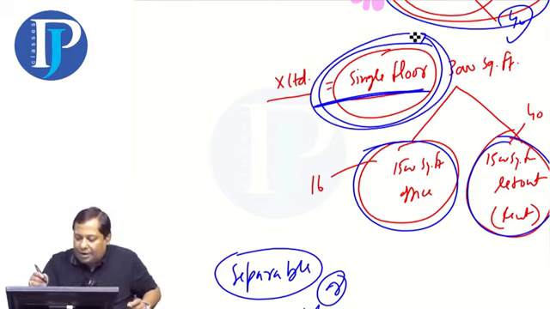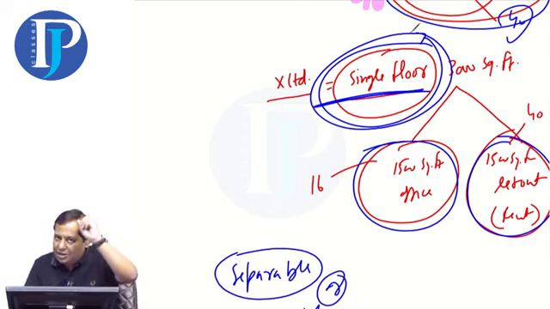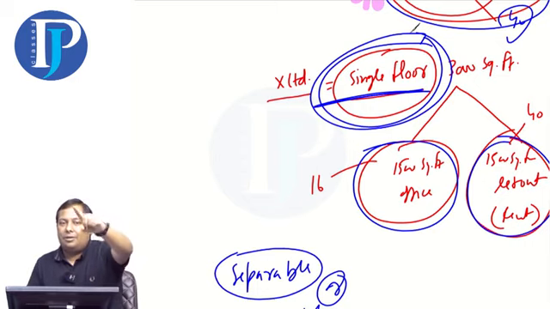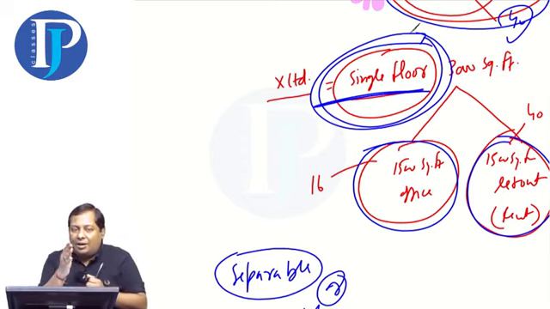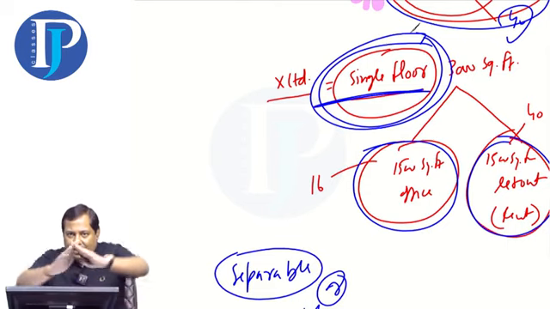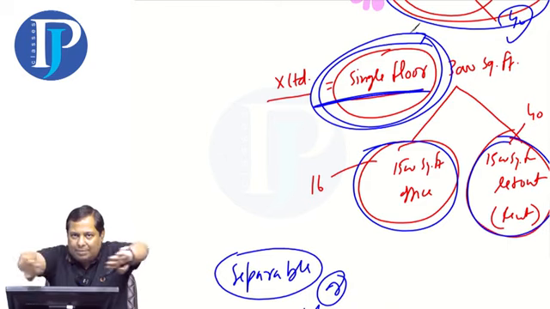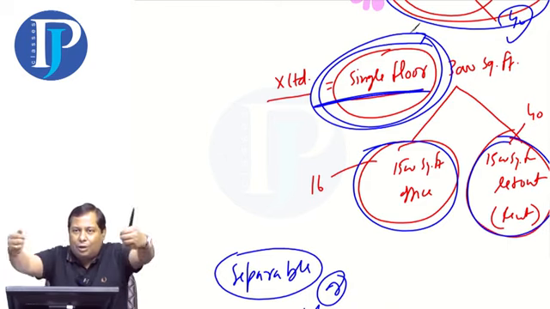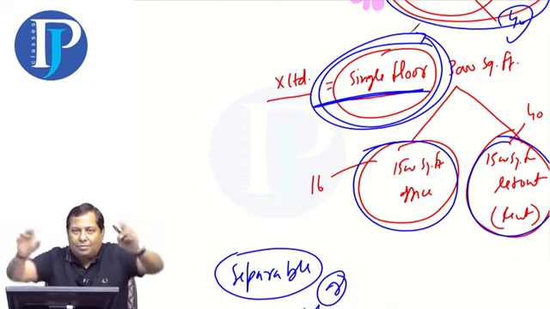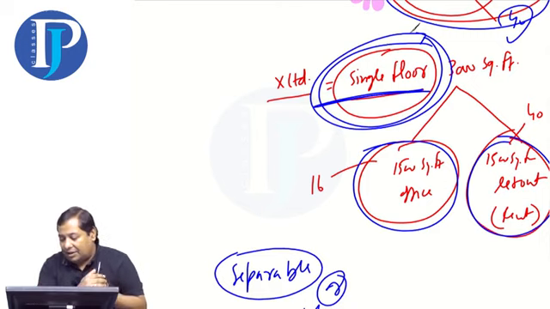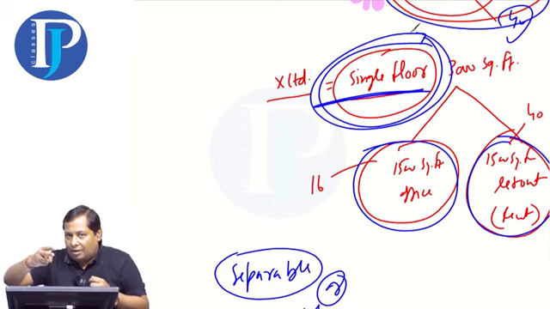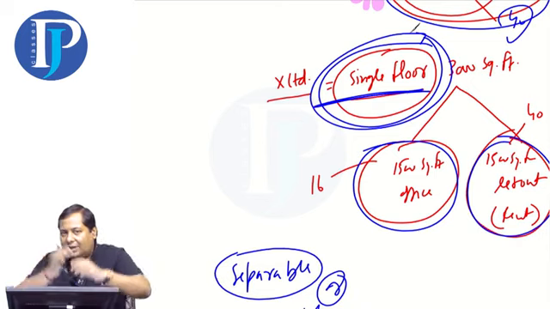So on this single floor, only one Ind AS will be applied, either Ind AS 16 or Ind AS 40, as a whole. Meaning, if you can separate the mixed property, then you can sell it separately, because it meets the condition of separable. Then you can also apply different Ind AS. But if you have a single floor and you cannot sell separately, it means the entire property will be sold together.